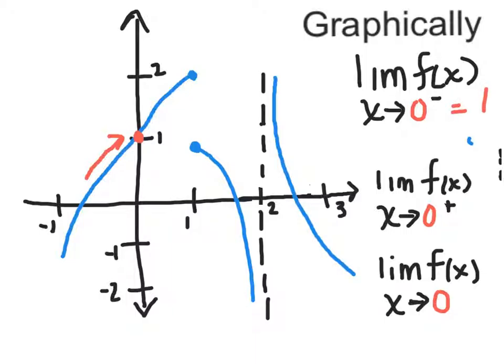As x is approaching 0 from the right, so this is what I mean, if I'm following x this way and this way, then the function is approaching 1. So what is the limit at 0? It is 1.